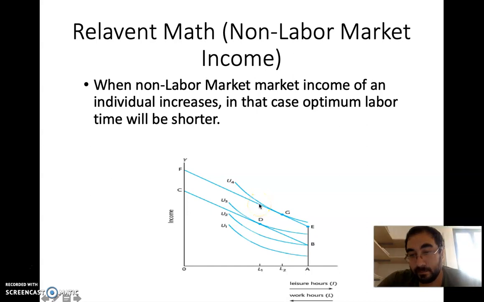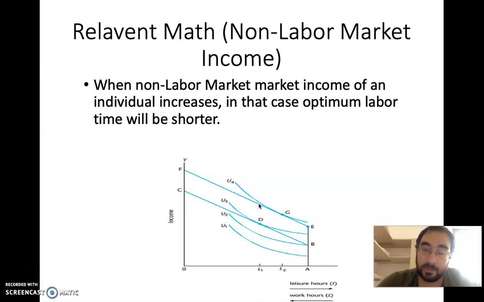Well, remember, the slope of the indifference curve depends on how much income our worker is willing to give per unit of leisure time. Compared with this point, our worker has higher income, which means income becomes less valuable.